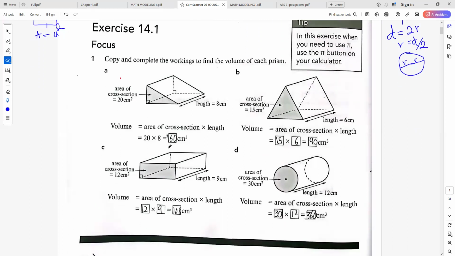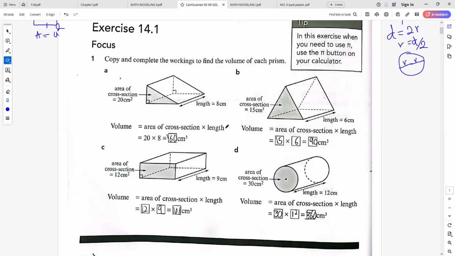Now here you see, copy and complete the workings to find the volume of each prism. So here they have given a prism. A prism might have any cross-sectional area. It might be a square, it might be a rectangle, whatever.